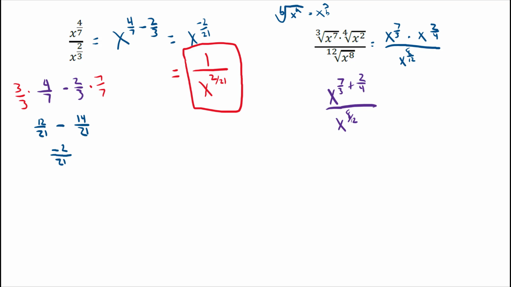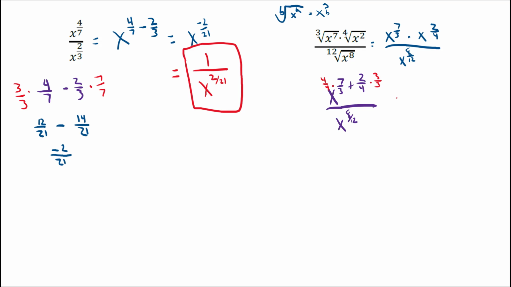Okay, so now let's get a common denominator up here on the numerator to add those two fractions. To do that, let's make those 12. So I'm going to multiply this one times 3/3, and multiply this one times 4/4.